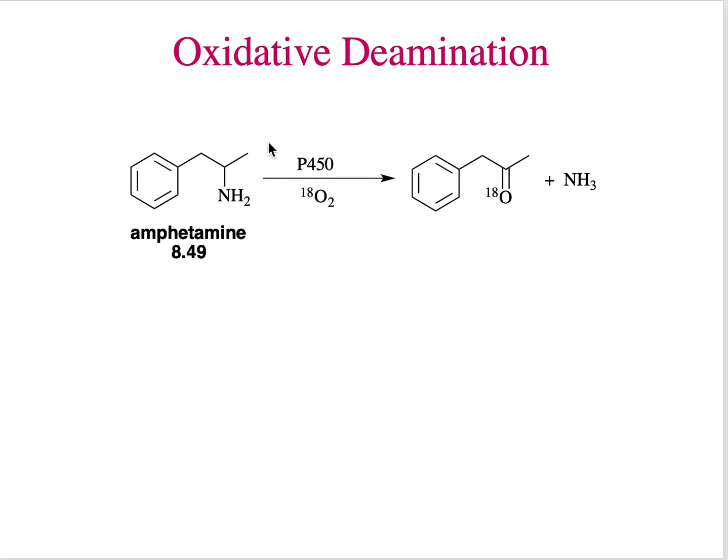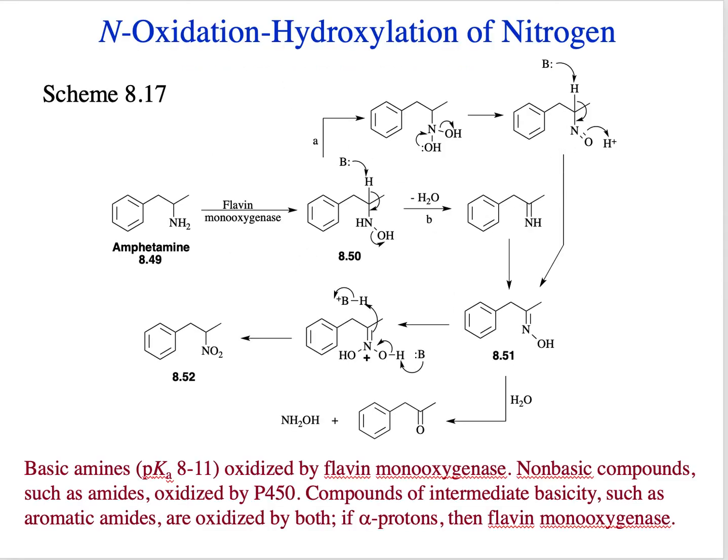Oxygen is normally O16 as the isotope, and we're able to see that this isotope is showing up. Flavin monooxygenase will also oxidize amphetamine, and you'll get the same product at the end of the day.